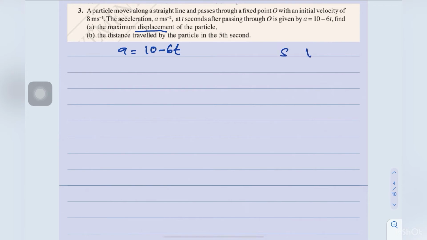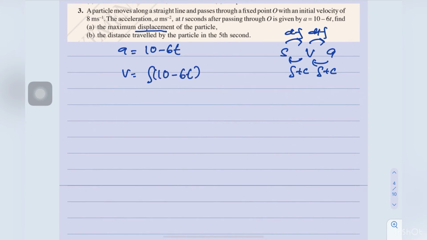Okay, so now we need to find displacement. From V to A, differentiate; from A to V, integrate; from V to S, integrate. So to find displacement, we need to integrate twice. Find V first: integrate 10 minus 6t with respect to t. V is 10t minus 6t squared over 2 plus c.